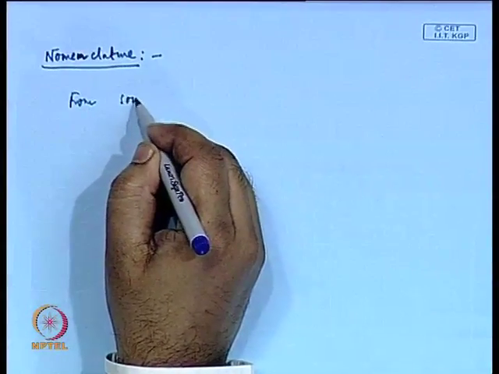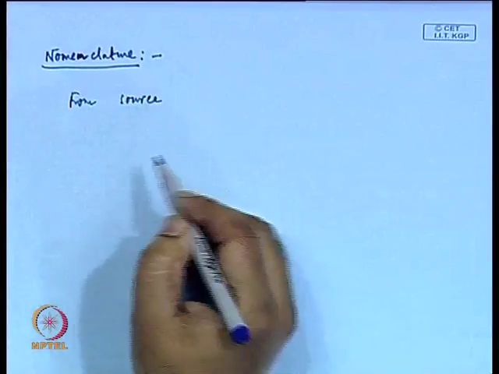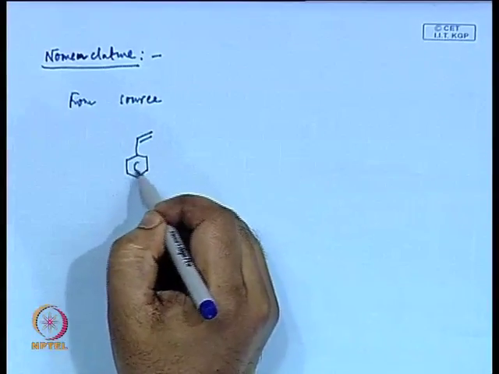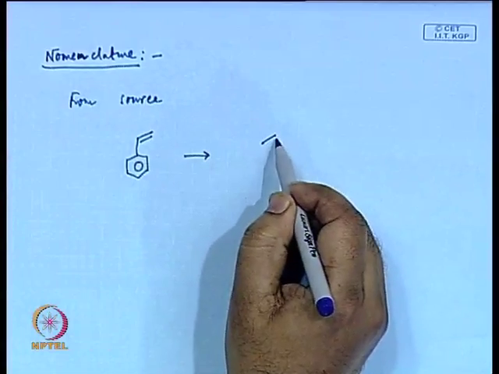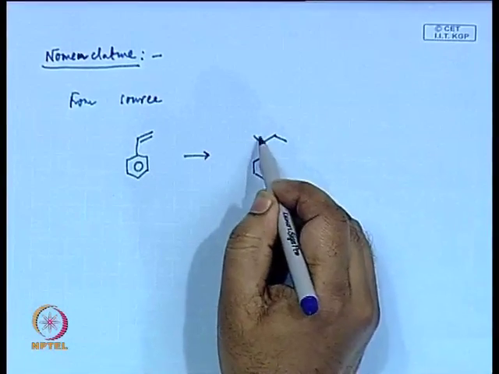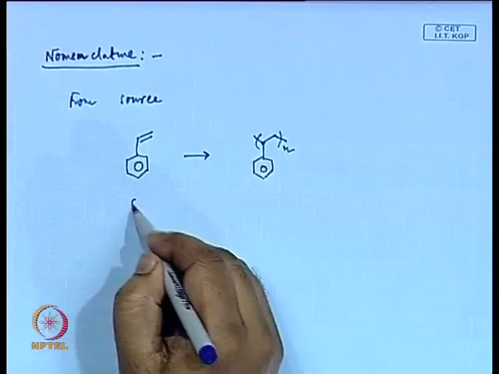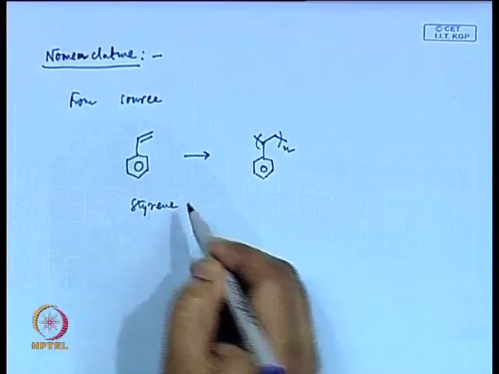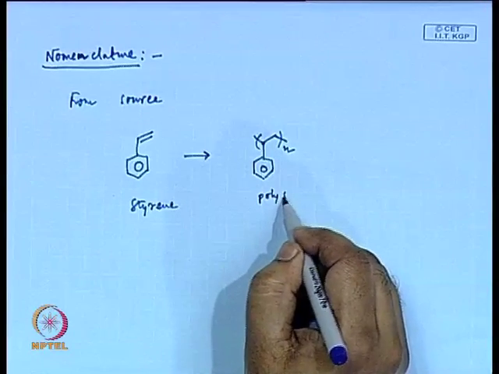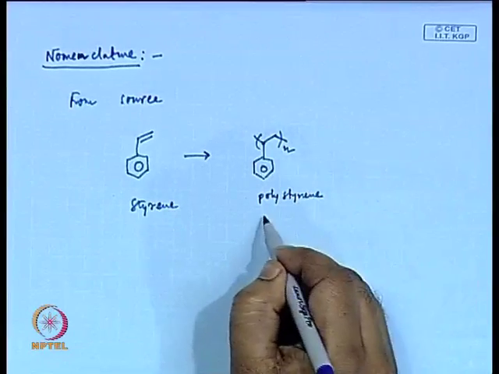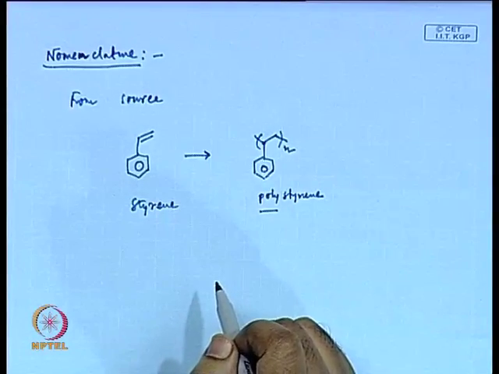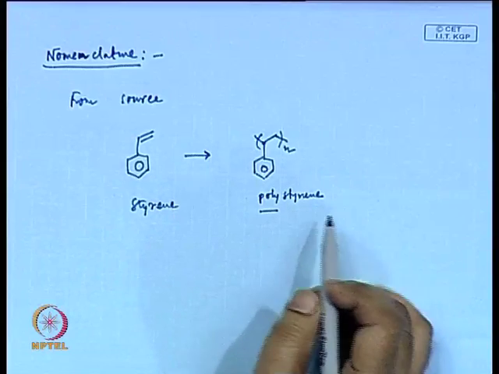From source, that means if you have a polystyrene, this is styrene. So, you just prefix the term poly followed by the monomer term and you name this as a polystyrene.